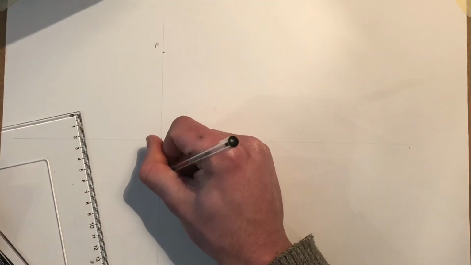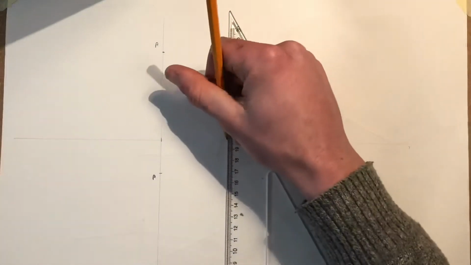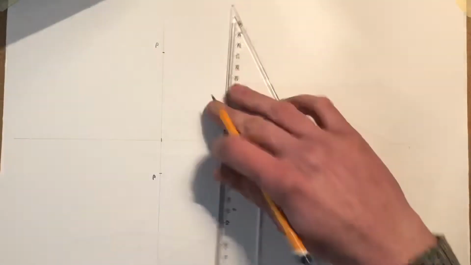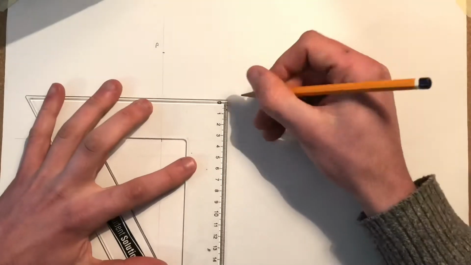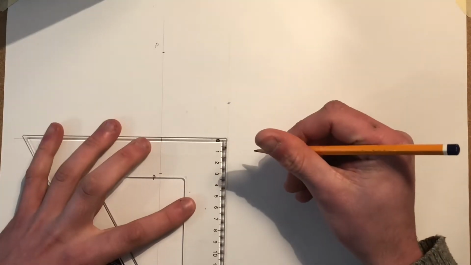I'll do them all here. B is across 205, up 35, down 70.